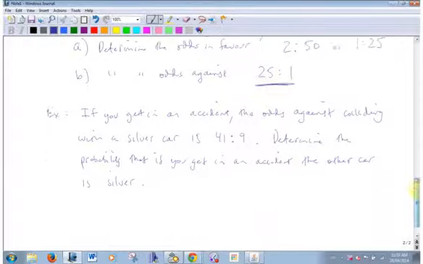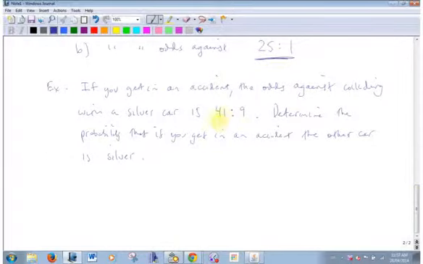So what's the total here? Odds against. There's 41 choices to not hit the silver car, and 9 choices to hit the silver car. So what's the total? Total's 50, right? As a formula, the probability of silver is silver over silver and not silver.